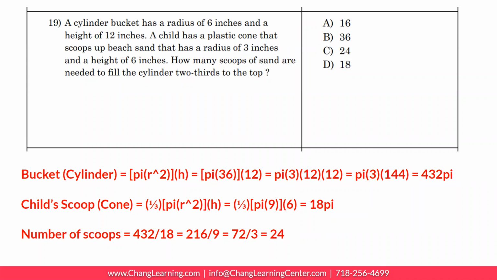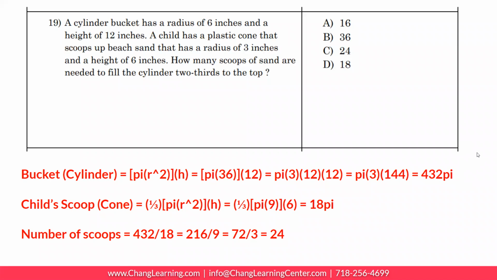The pi's cancel. So we have 432 divided by 18. Can divide top and bottom by 2. That would be 216 divided by 9. Divide top and bottom by 3. You get 72 divided by 3. Divide by 3 again, and that would take 24 scoops of sand for the child to fill the bucket 2/3 to the top.